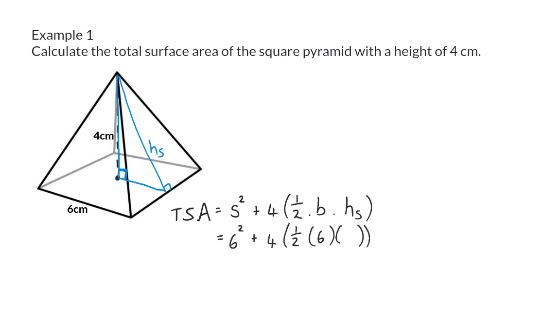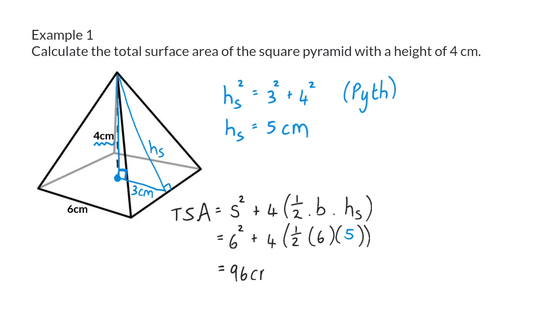In this triangle, we already know that one side is 4 centimeters, and because we only work with right pyramids, we know that this 90-degree angle is formed in the middle of the square. That means that the base side of this triangle will be 3 centimeters. According to the theorem of Pythagoras, the slant height will then be 5 centimeters. This pyramid's total surface area will then be 96 centimeters squared.